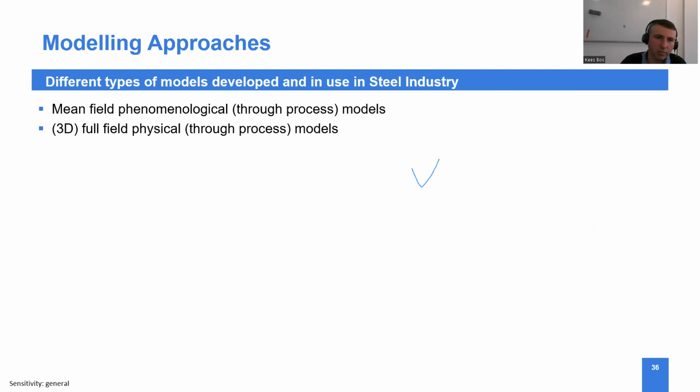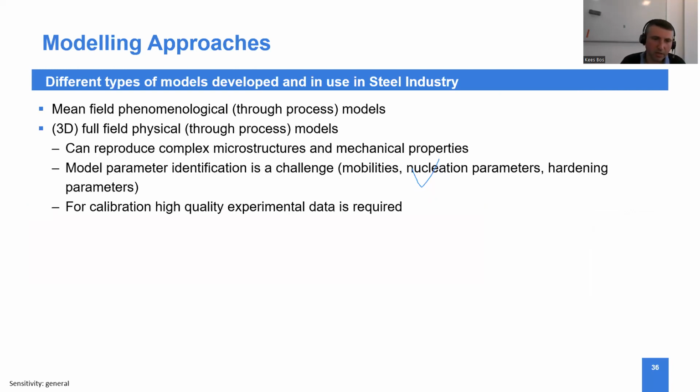I mentioned these different types of models developed and in use in the steel industry. If we summarize the 3D full field physical through process model, I hope I've convinced you that we can really reproduce complex microstructures and mechanical properties. As I indicated, some of the model parameter identification is a bit of a challenge, and we have to think about which parameters. I mentioned mobilities, but also hardening parameters.